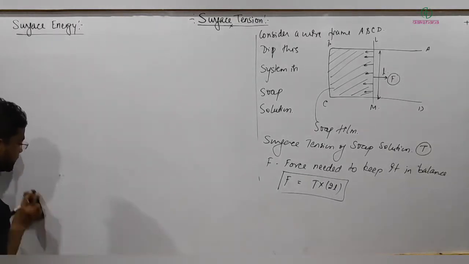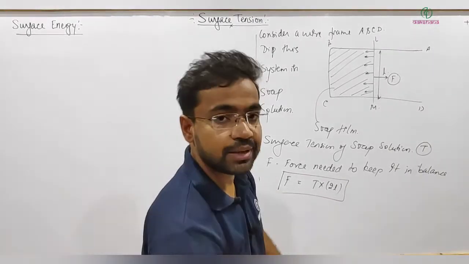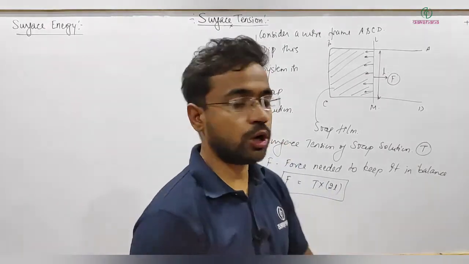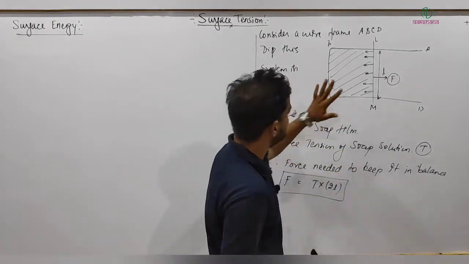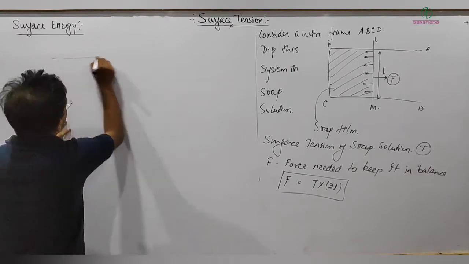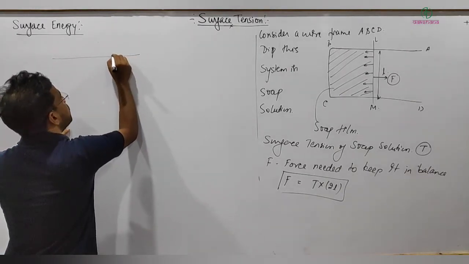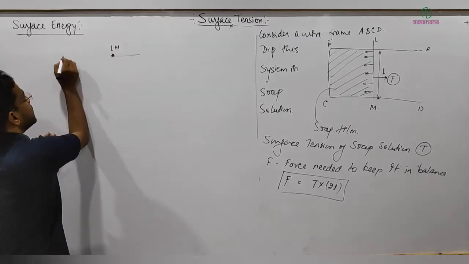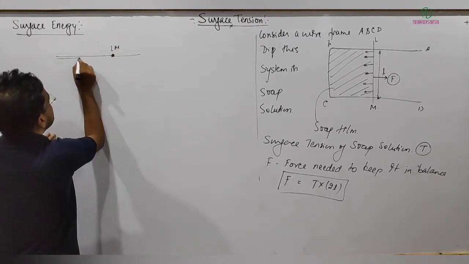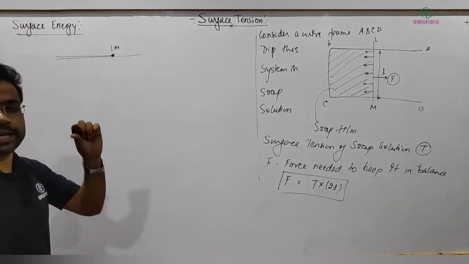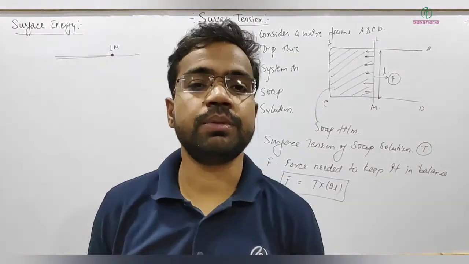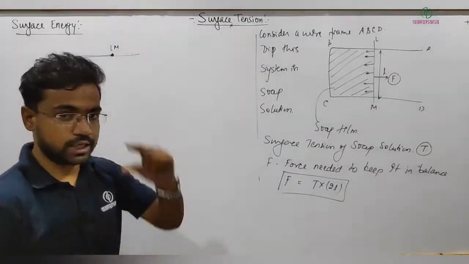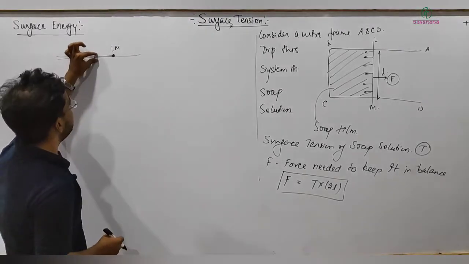The thing is that this soap film will have two surfaces, because this thickness, if you just look at this, is, let's say, soap film, so this is your wire LM, then this soap film will be like this, because the thickness of this layer will not be just a simple one molecular layer. It will have some thickness.